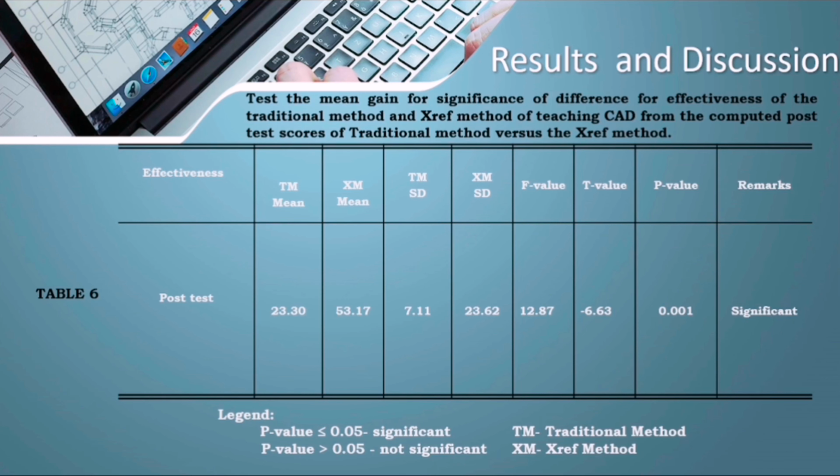The test of mean gain for the significant difference of the effectiveness of the traditional method and Xref in teaching CAD, from computed t-scores of the traditional method versus the Xref. So the data showed that the Xref method is quite more effective than the traditional method.